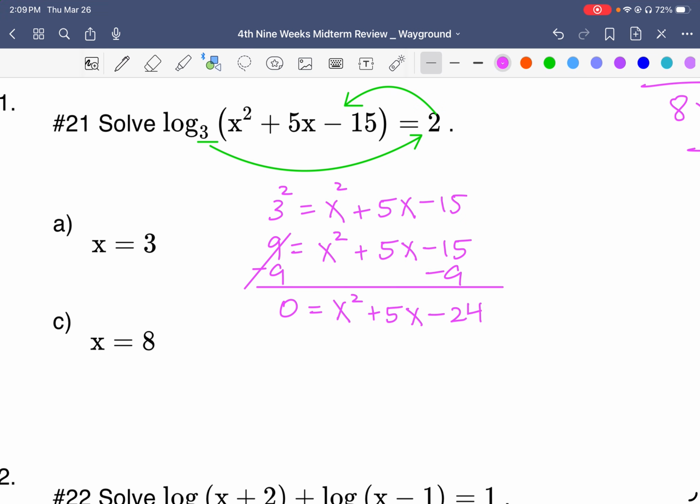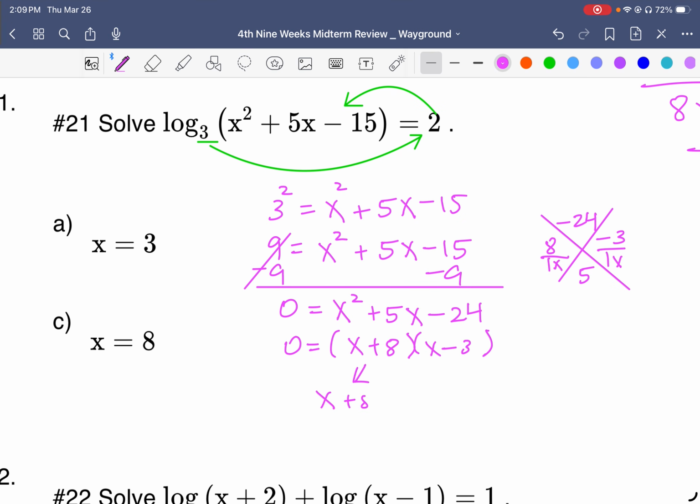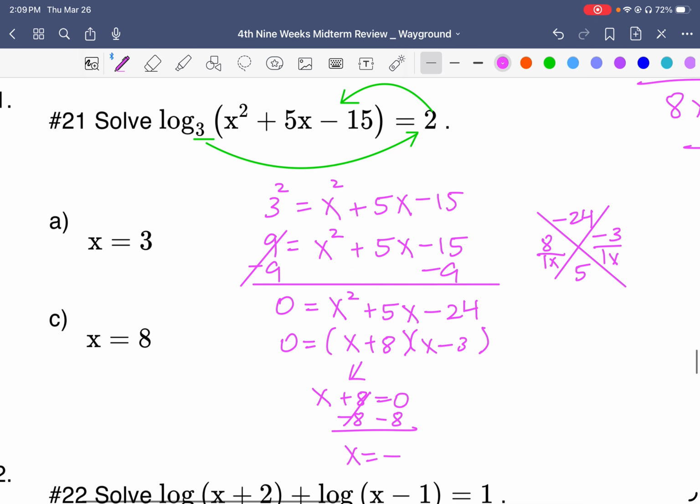Okay. So what two numbers multiply to negative 24 and add up to 5? Those numbers are 8 and negative 3. So my two factors are x plus 8 times x minus 3. From this factor, when you set it equal to 0 and subtract 8, you get that x equals negative 8.